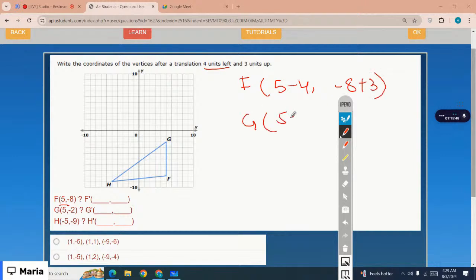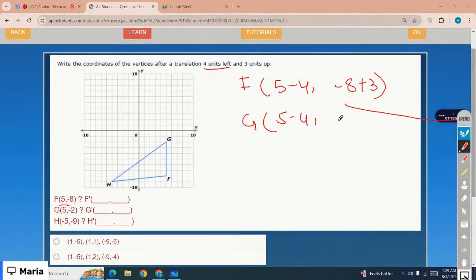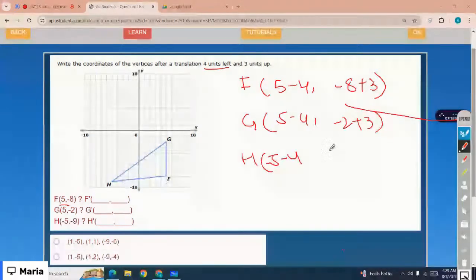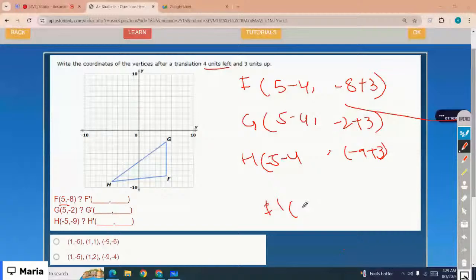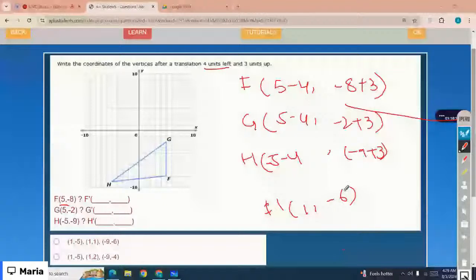For G, they are -2 plus 3. And for H, they are -5 minus 4 and -9 plus 3. F dash is 1 and -5.